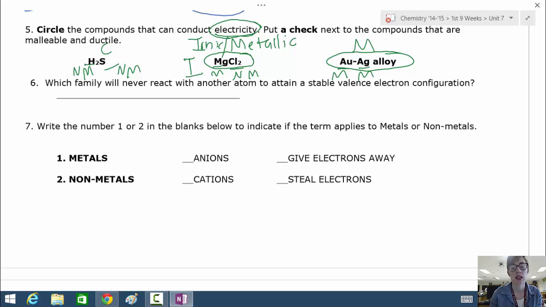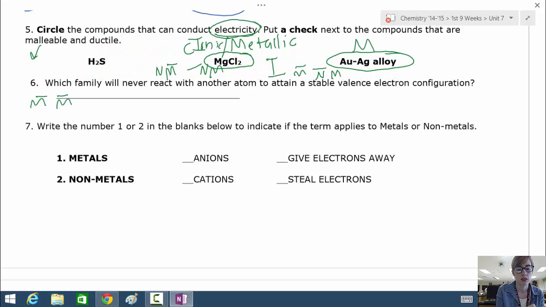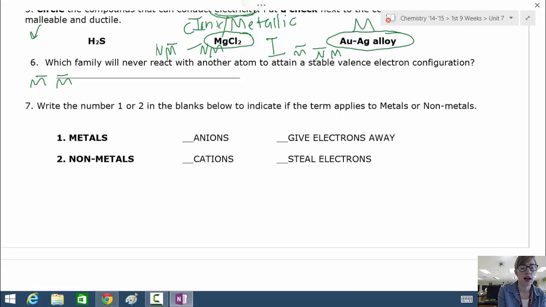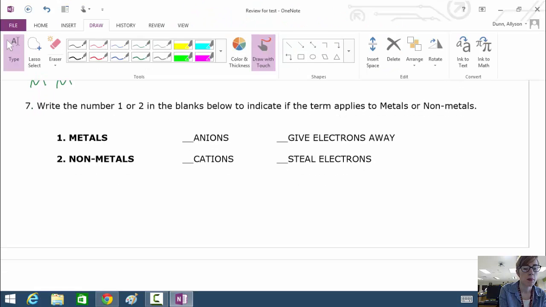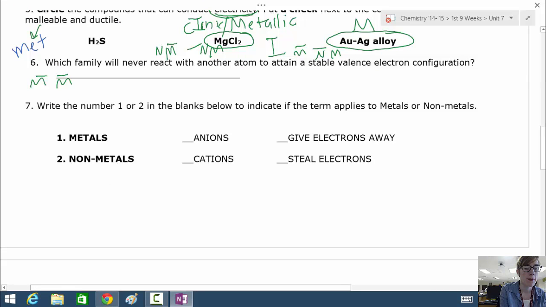Then it says put a check next to the compounds that are malleable and ductile. Again, from our notes, we learned the only type of compound that's malleable are metallic bonds. So I'm going to put a check next to the metallic bond because that's the only one that would work.